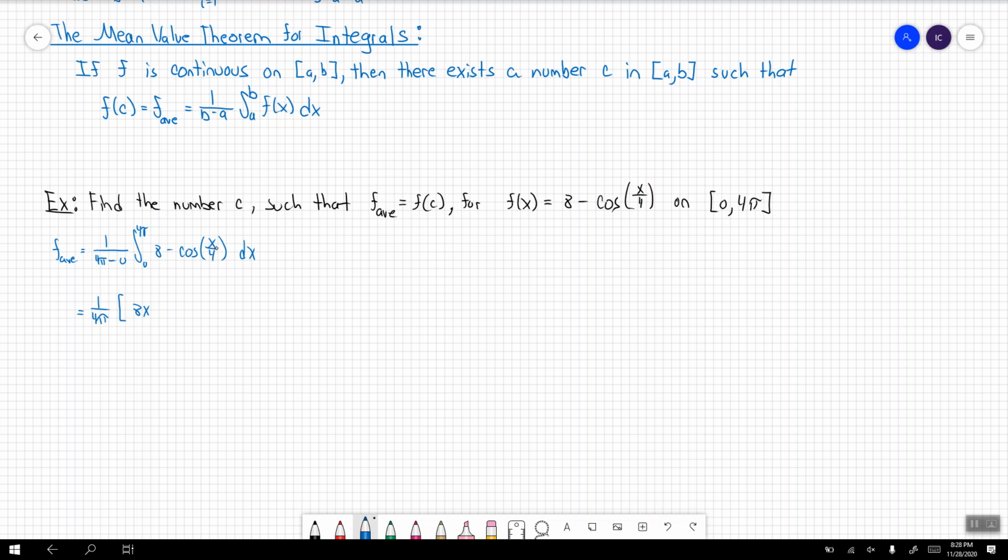If u is equal to x over 4, then du is equal to 1/4 dx, and therefore dx is equal to 4 du. And so when we do this, we get negative 4 sine of x over 4, evaluated from 0 to 4 pi.